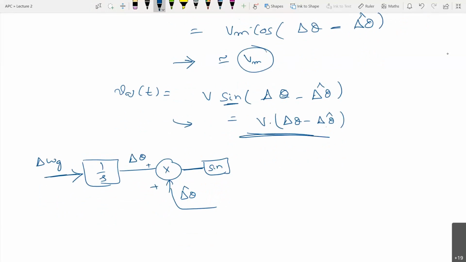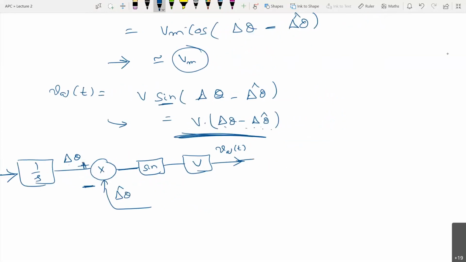From this delta omega g, by integrating that, you obtain this delta theta, and we are actually subtracting this. So this v into delta theta minus delta theta, and that we are multiplying with this sine. Again, we are multiplying this voltage value, either the peak value or the RMS value. So that gives you this VQ of t component, right?